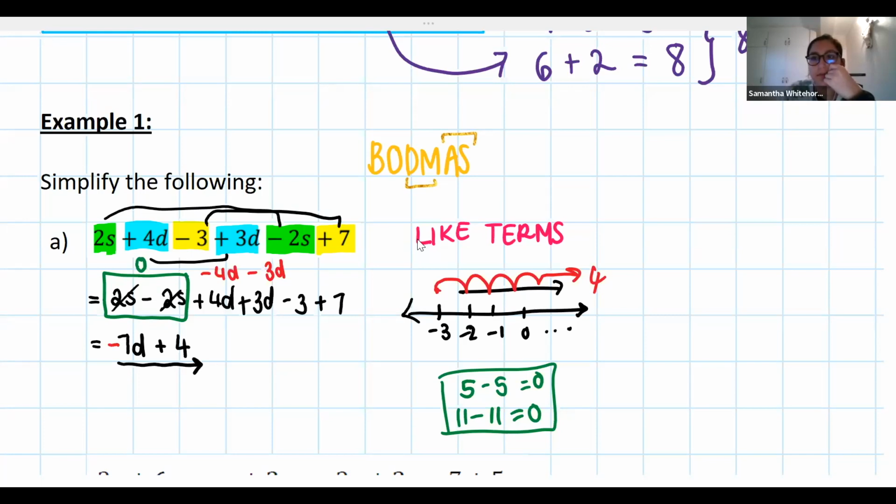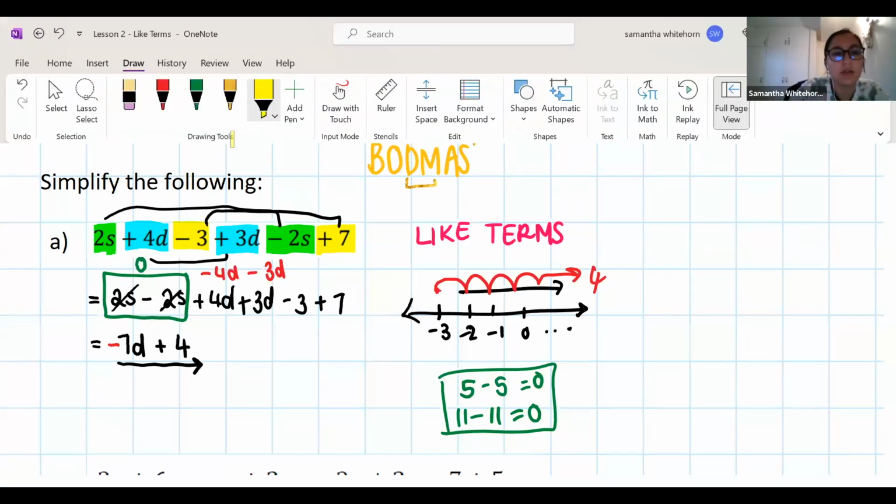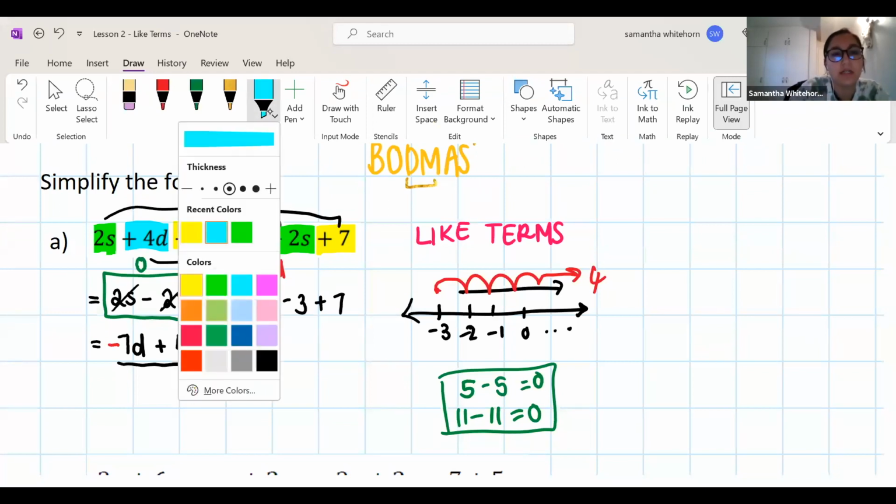Molemo? Ma'am, can you hear me? Yep. Can you hear me? Yes. Okay, ma'am, please explain how did we get 7D plus 4? That's from my like terms. If I go to my like terms here, I've got the positive 4D plus 3D.